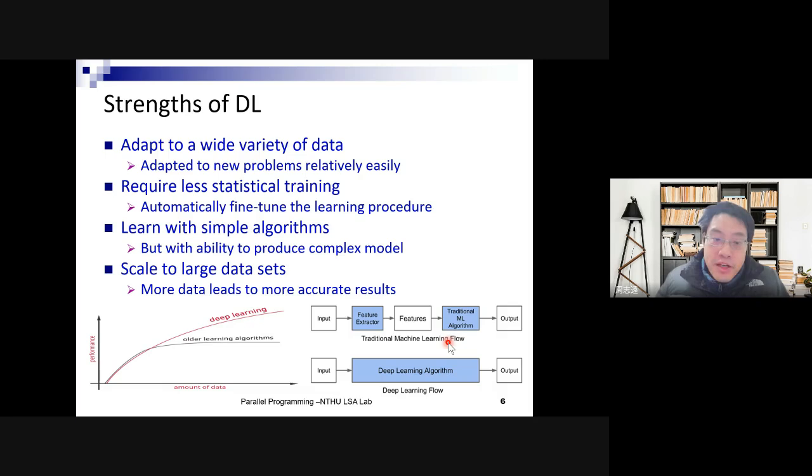That's why we have so many different neural network models proposed in recent years, and most of the time many of them actually cannot be proven by math, but they are validated by data.